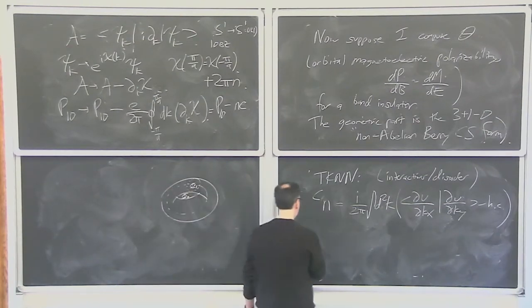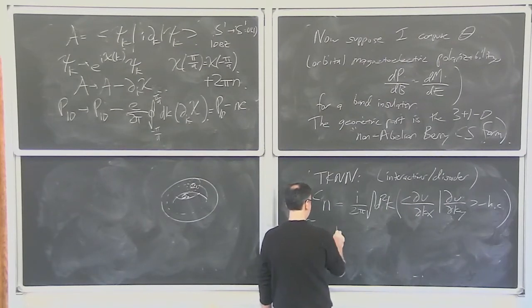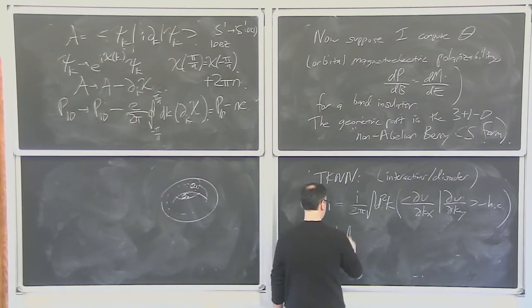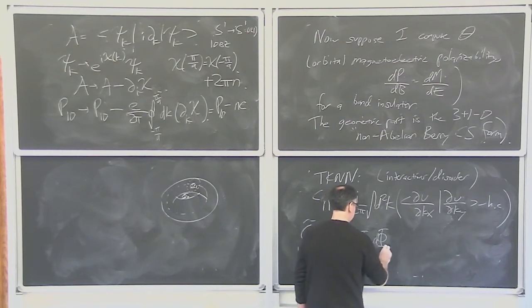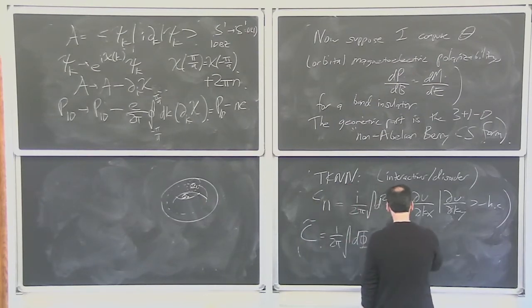And I could compute, let's call it C twiddle, as 1 over 2 pi, integral over these fluxes of how the many electron wave function responds.